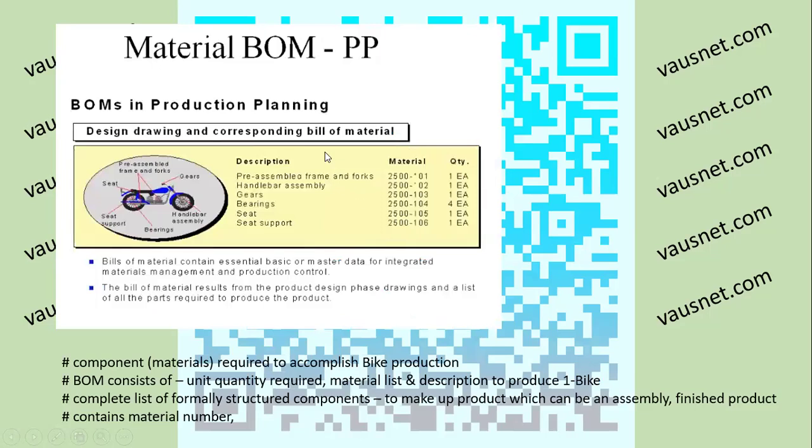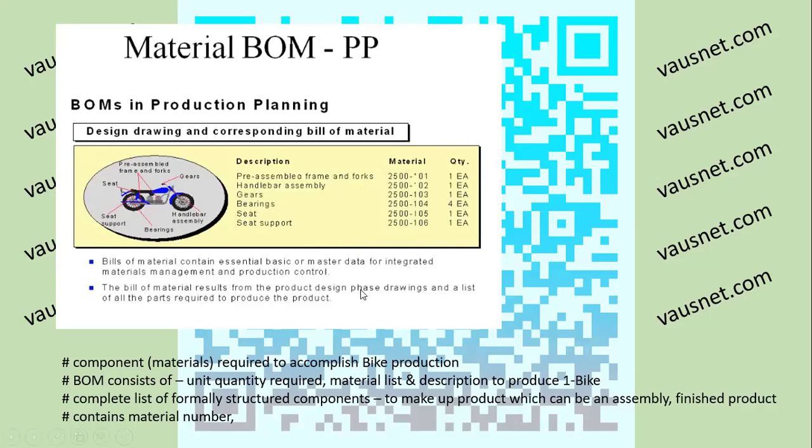Material BOM in production planning. Now, in production, of course, you need a bill of material in detail. The bill of material contains essential, basic, or master data for integrated materials management and production control. So production will, of course, lean towards a material bill of material. The bill of material results from the product design phase.